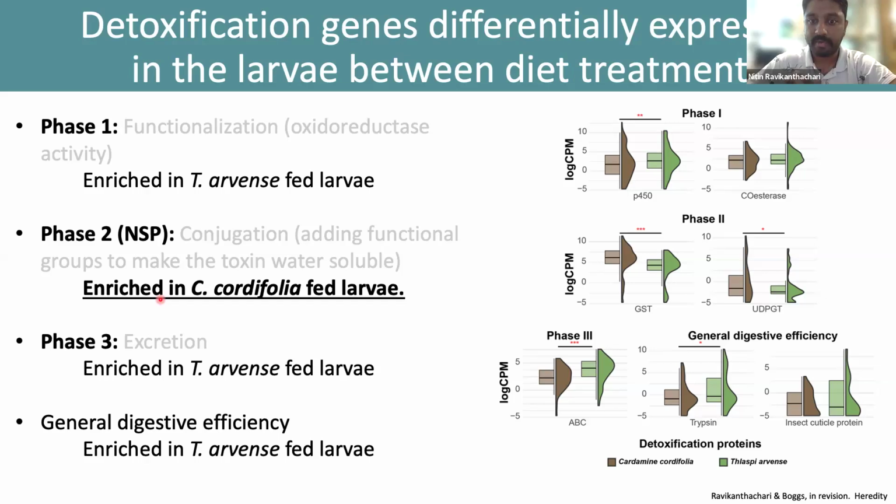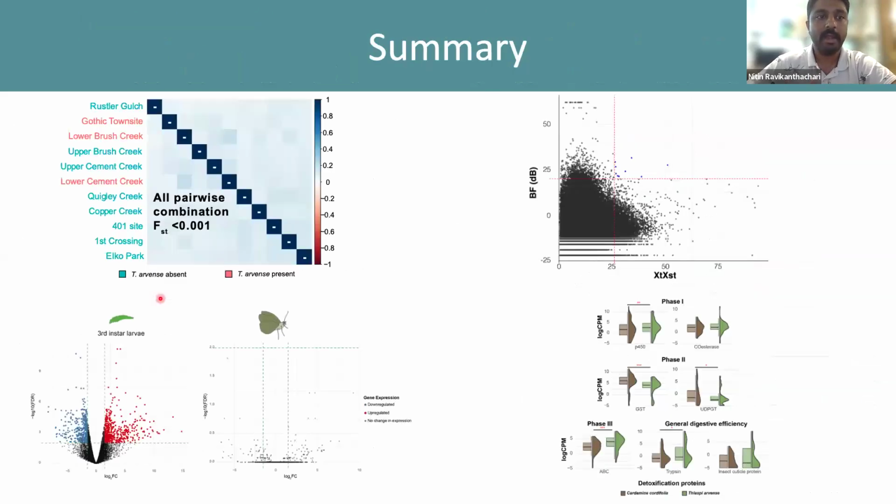To summarize what we found so far: we found no genetic differentiation among any of the butterflies across the valley, between the areas where the plant co-occurred and the areas where the plant and the butterfly did not occur. Yet we found signatures of strong selection in areas where the plant was present.